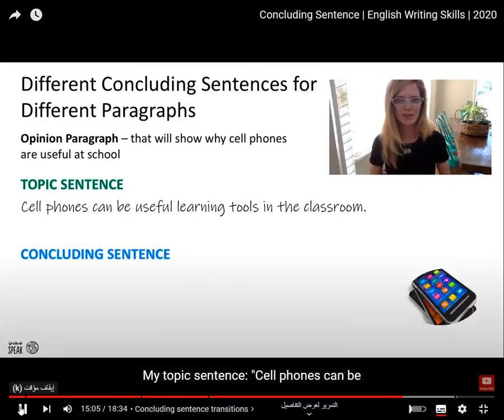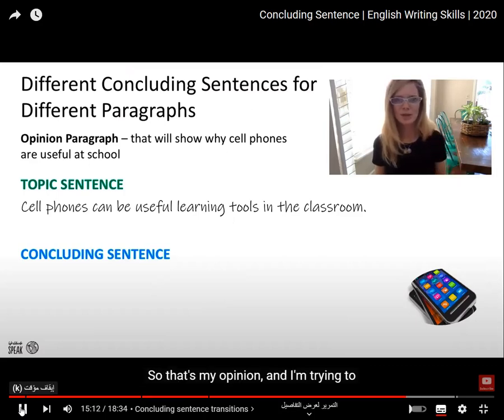My topic sentence, cell phones can be useful learning tools. Where is the topic and where is the controlling idea here? Where is the topic? Cell phones can be useful learning tools in the classroom. What is the topic? Cell phones. Excellent. And the controlling idea is useful learning tools in the classroom.